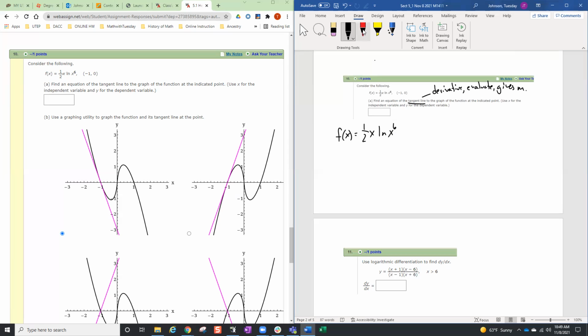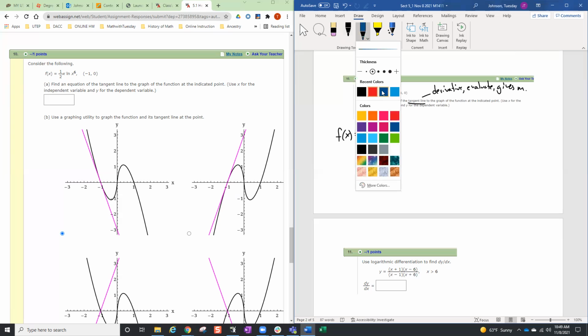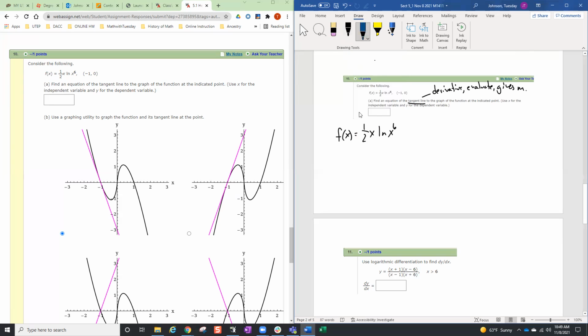I'm just going to take it using the product rule. So we have first and we have second. So our derivative is first times the derivative of second, derivative of the inside divided by the inside. So first times derivative of second plus second times the derivative of the first.